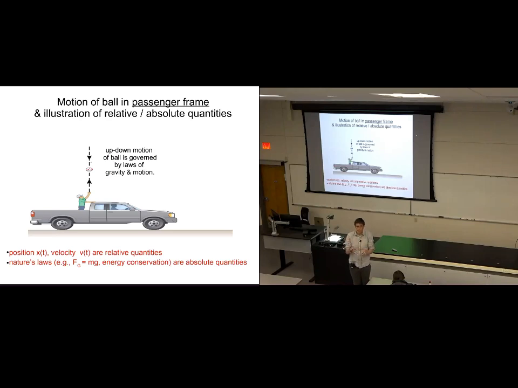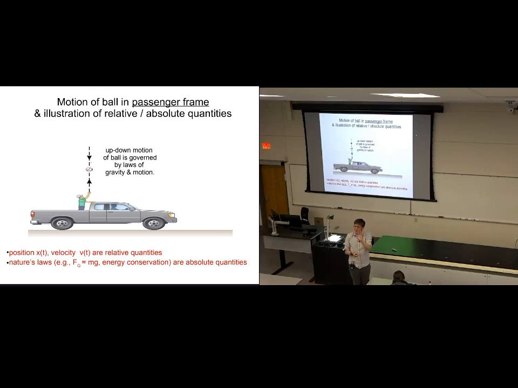And remember, these reference frames allow us to specify the events, the position in space and time of events. They allow us to describe the trajectories in space and time of the ball as it moves through the air. And we're going to look at the motion of the ball through the air and ask the question, what things are relative to your reference frame?